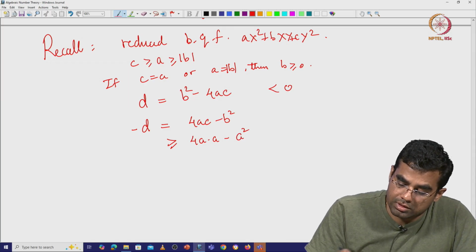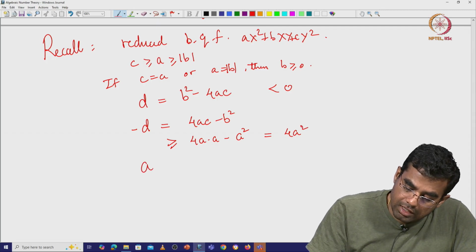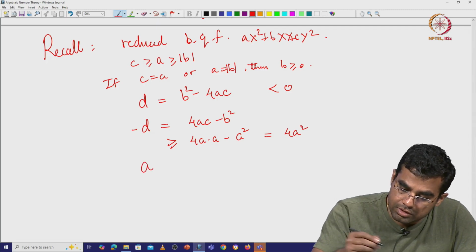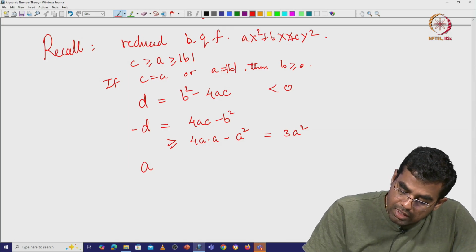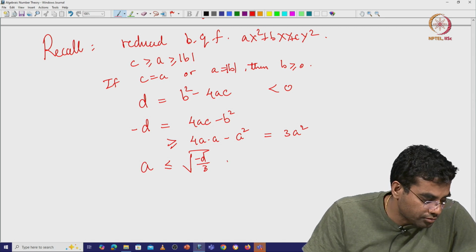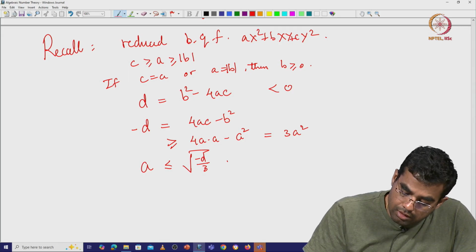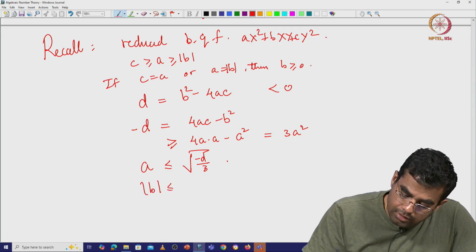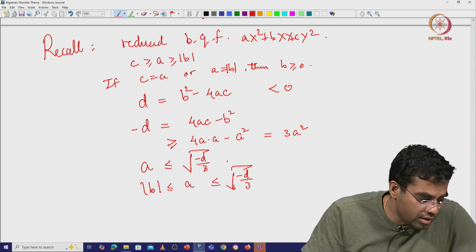So, this is 3a squared, which means that a is less than or equal to the square root of minus d by 3, and mod b is less than or equal to a, which is less than or equal to the square root of minus d by 3.